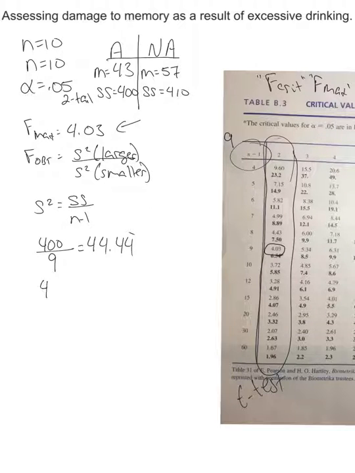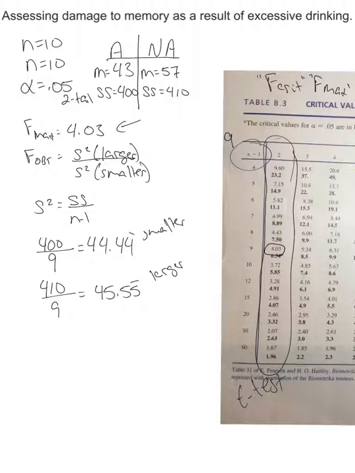If we do that again with the non-alcoholics, the control group, 410 divided by 9 is 45.55 repeating. So 400 divided by 9 is 44.44, and 410 divided by 9 is 45.55. This one is the smaller one, and this one is the larger one.